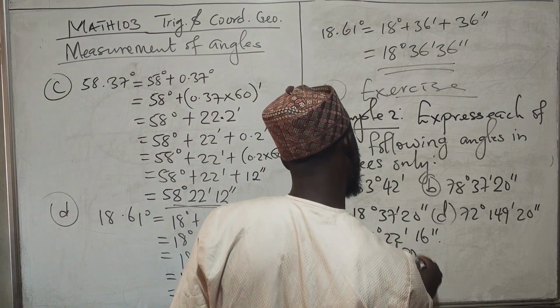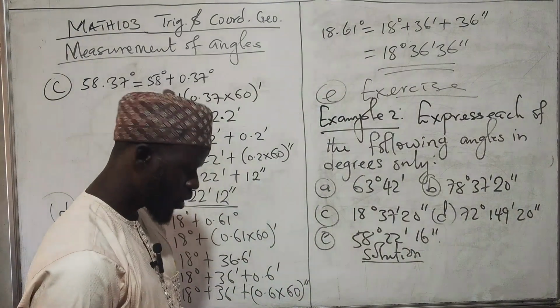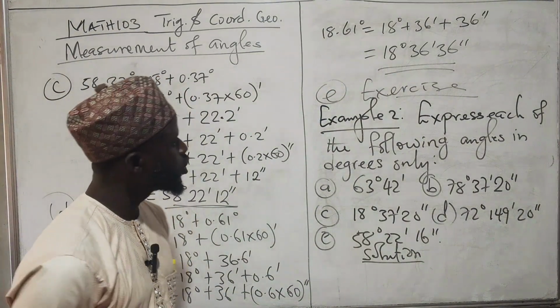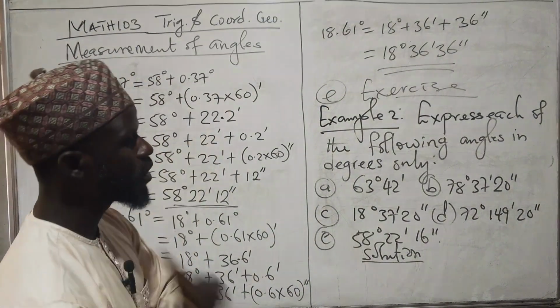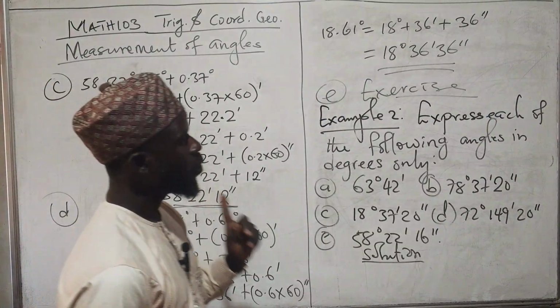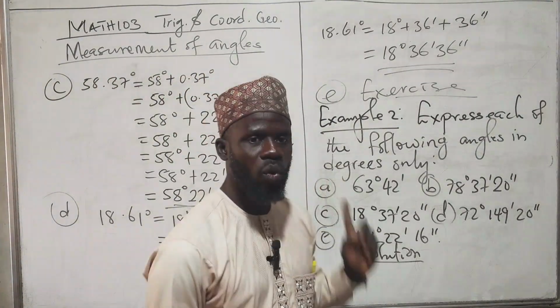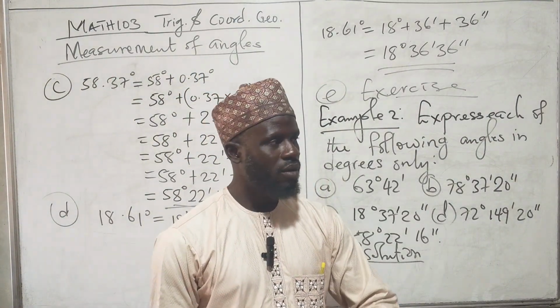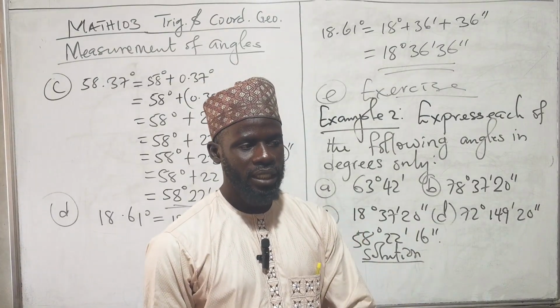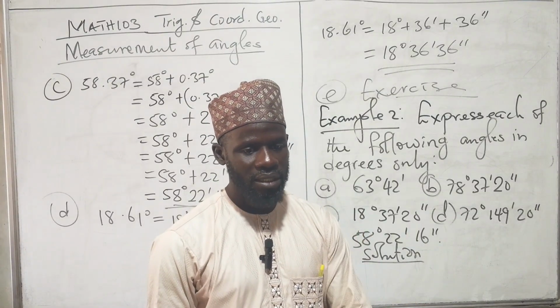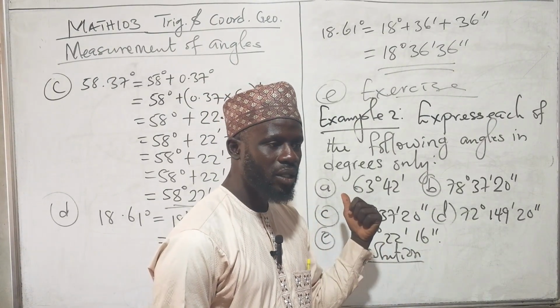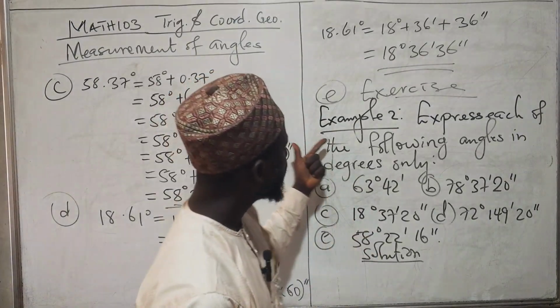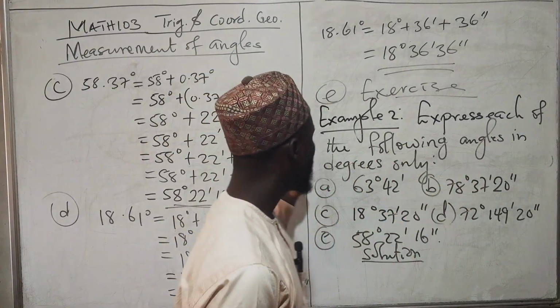You should observe that the instructions for the two examples are different. In example 1, you were asked to convert the angles to degrees, minutes, and seconds. While in the second example, you are asked to convert each of the angles to degrees only.